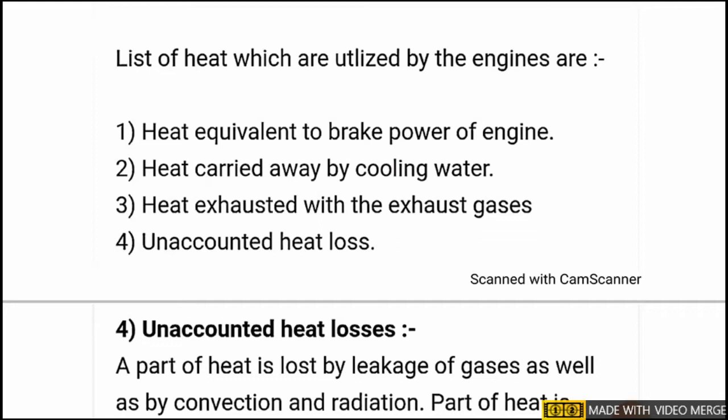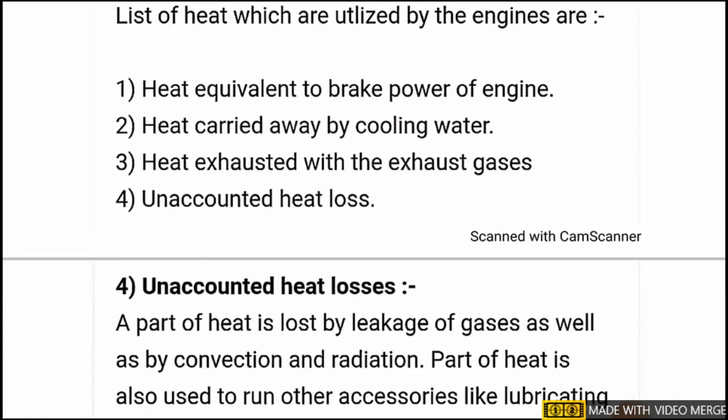How much of heat has been utilized? Next, heat carried away by cooling water. The third one, heat exhausted with the exhaust gases. And the fourth one is unaccounted heat loss.